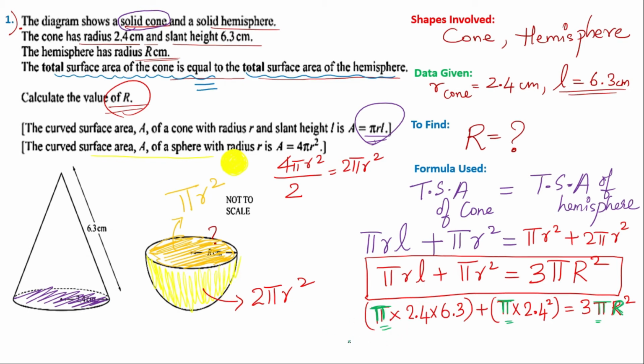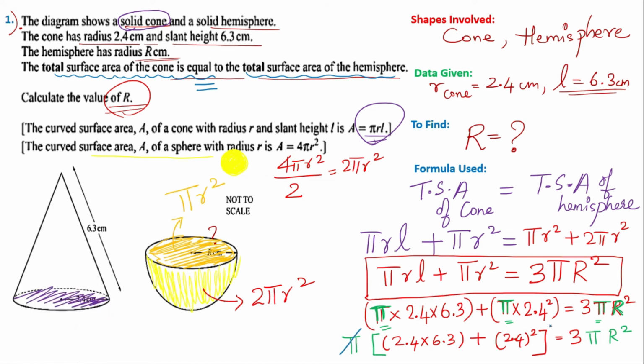For quicker calculations, I will remove the pi as the common term from both the terms here. And what comes inside the bracket is 2.4 multiplied by 6.3 plus 2.4 squared, which is equal to 3 pi R squared.